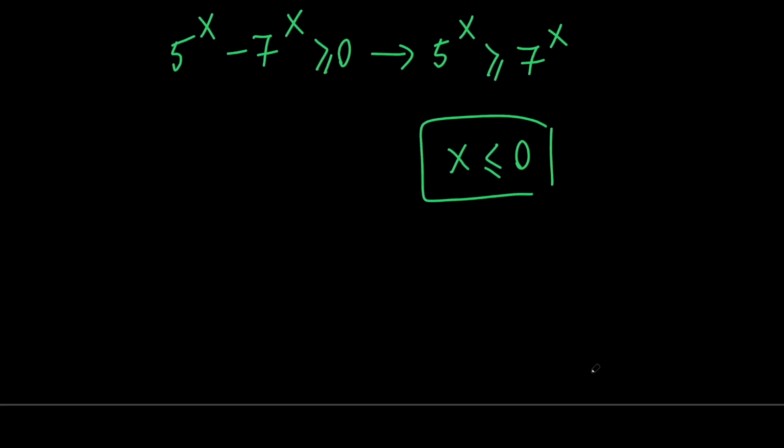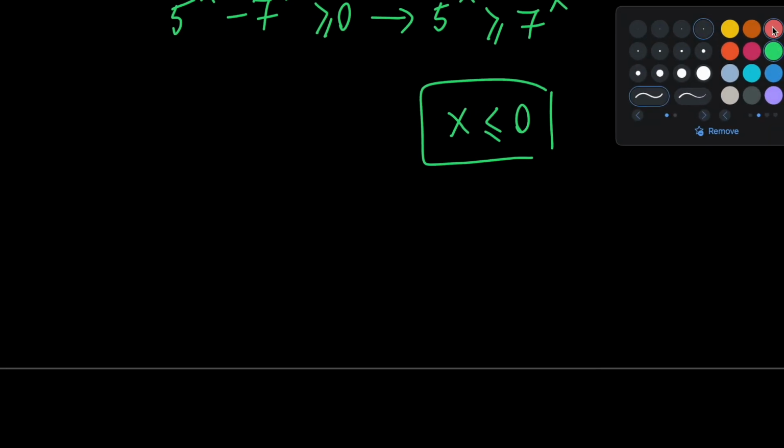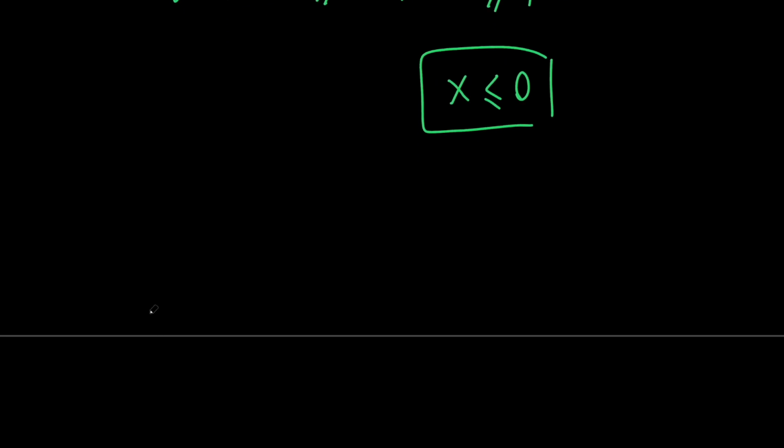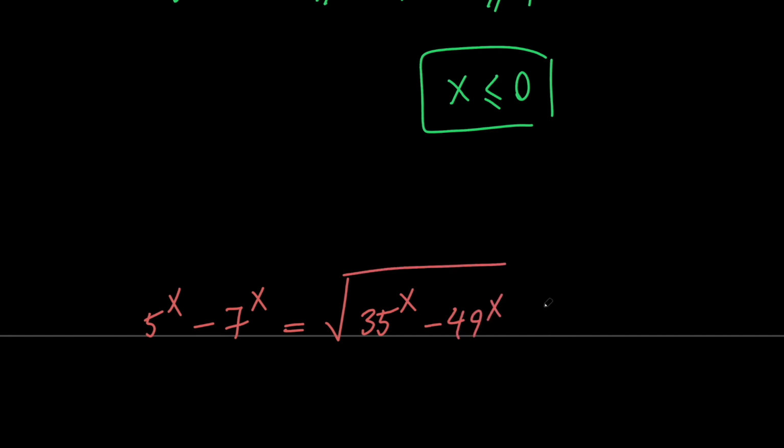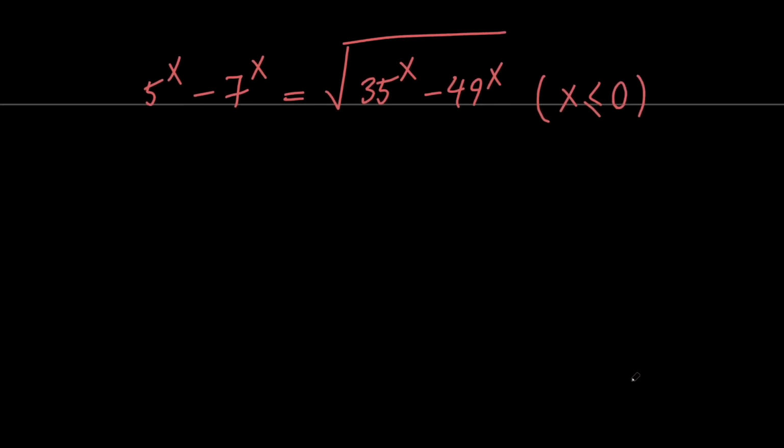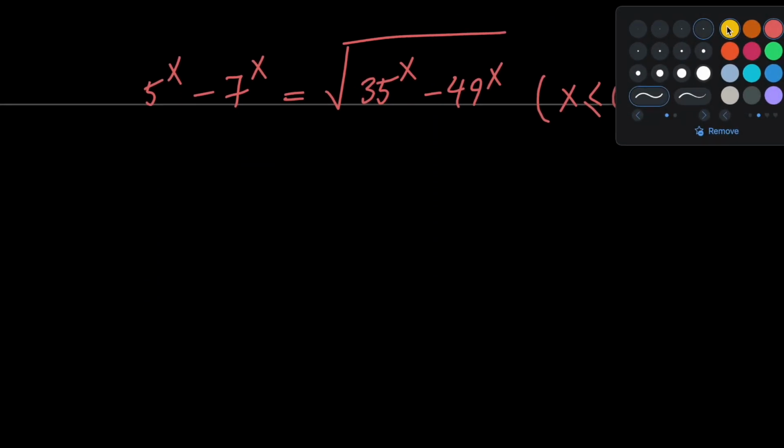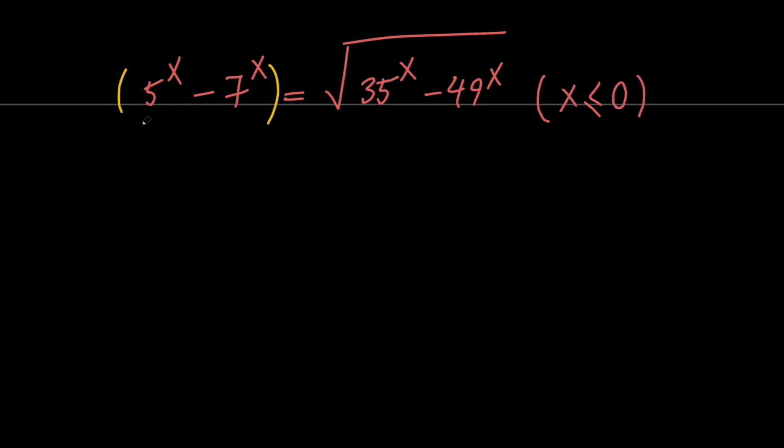So let's go ahead and solve our equation considering this restriction. Let me rewrite our problem. So we have 5 to the x minus 7 to the x equals the square root of 35 to the x minus 49 to the x. And we know that x should be less than or equal to 0. Now, in order to solve this, let's go ahead and square both sides to get rid of the radical.